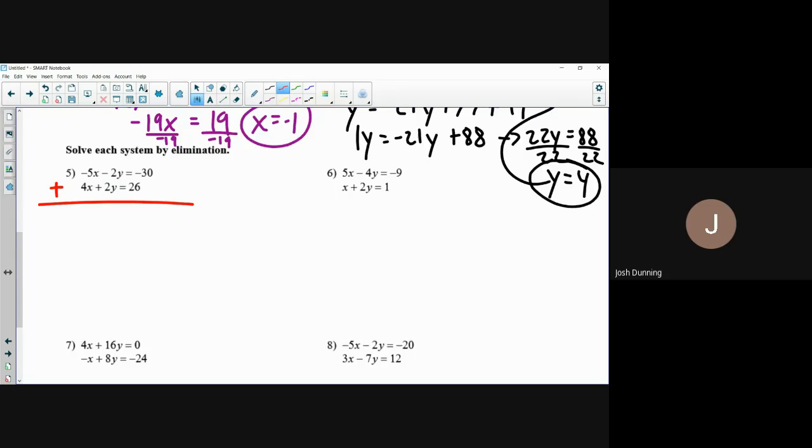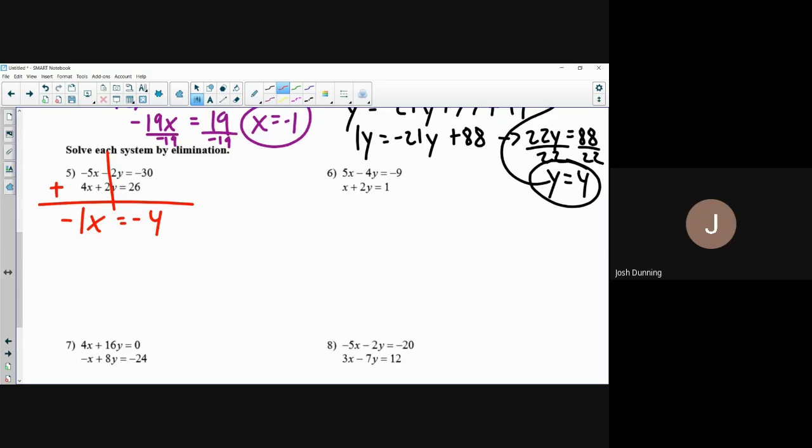They will eliminate, which is kind of the point of this. -2 plus +2 cancels. Don't totally destroy your work though, because you're going to need those equations again. But I can just go ahead and add now. -5 plus 4, -1. -30 plus 26 is -4. Hey, there we go. That one's easy.